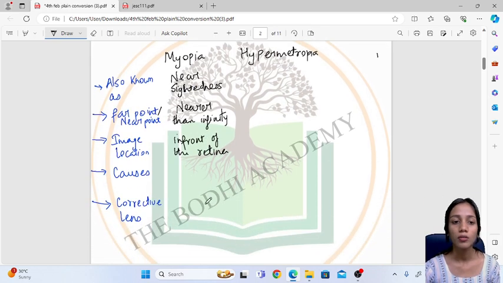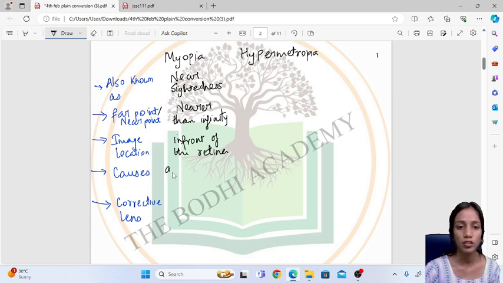Now what are the causes of this defect? There are two causes of this defect. One is excessive curvature of the eye lens, and the second one is elongation of the eyeball. When there is excessive curvature of the eye lens, it means the radius of curvature, which we have seen, is more curved. That time this defect can be caused.